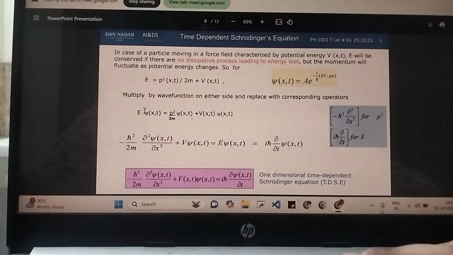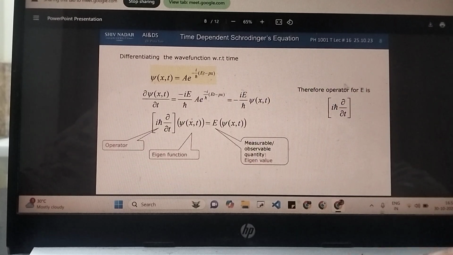So we take this equation and we multiply with psi of x on each side first. So E psi x comma t is p squared by 2m psi x comma t plus V of x comma t psi of x comma t. We have simply multiplied it with the wave function. Now what we do is we replace with the corresponding operators on each side. So we have an E here and we have a p squared over here, and we just derived this operator for E. So E psi x comma t is the same as this operator times psi of x comma t, right?